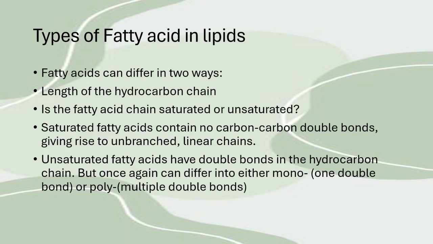So now, types of fatty acids in lipids. Fatty acids can differ in 2 ways. One way it can differ is the length of the hydrocarbon chain, and another way it can differ is the fatty acid chain being saturated or unsaturated. Saturated fatty acids contain no carbon-carbon double bonds, giving rise to unbranched linear chains.